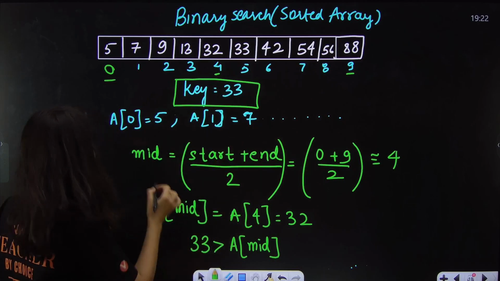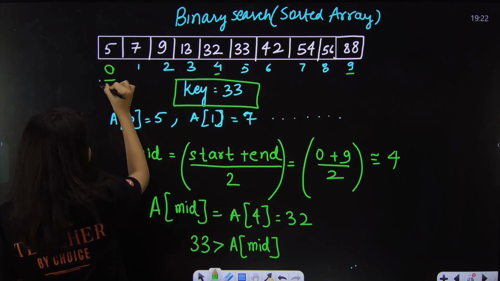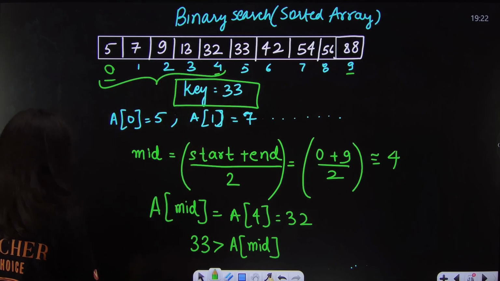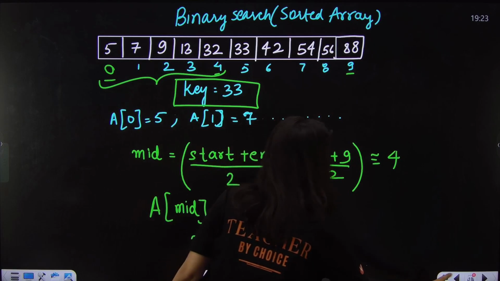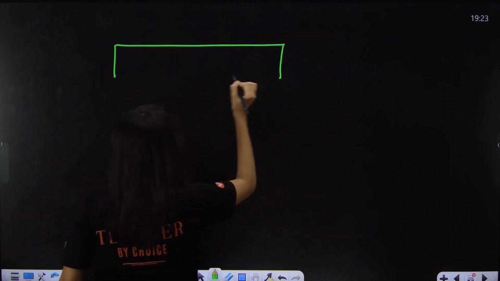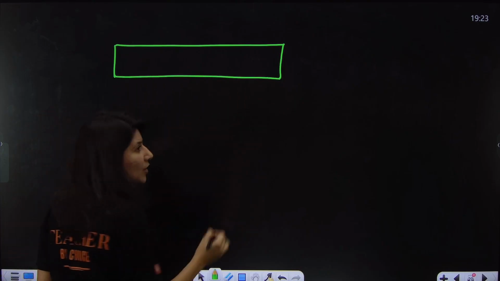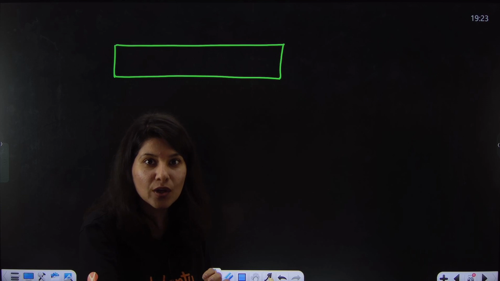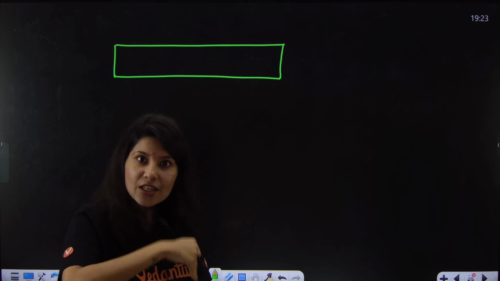So you have to skip 0 to 4. Now you have this array. Because you know that your element is greater than the mid value, you will search after the mid value.